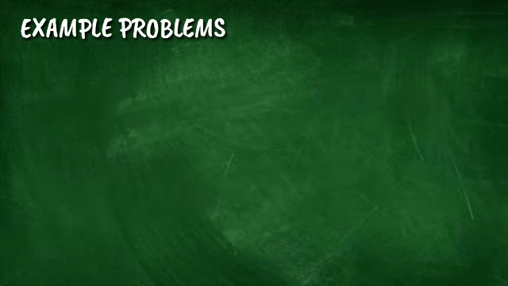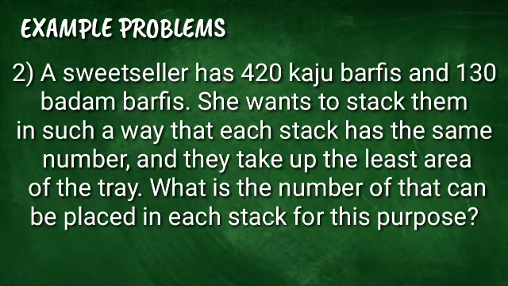Now let's solve another example problem. A sweet seller has 420 Kaju burfis and 130 Badam burfis. She wants to stack them in such a way that each stack has the same number and they take up the least area of the tray. What is the number that can be placed in each stack for this purpose?